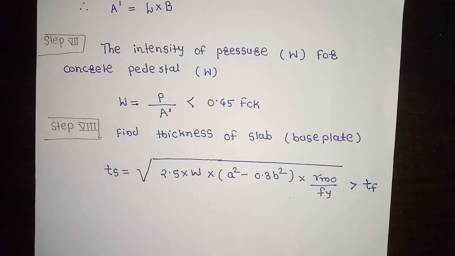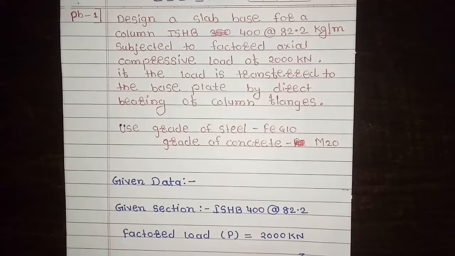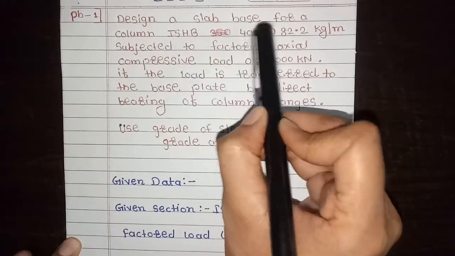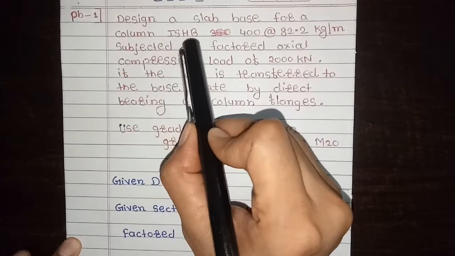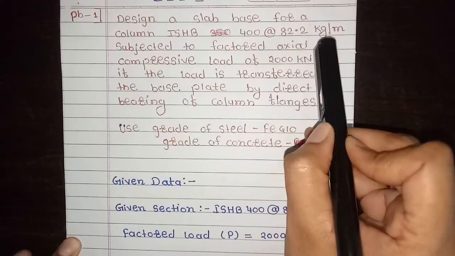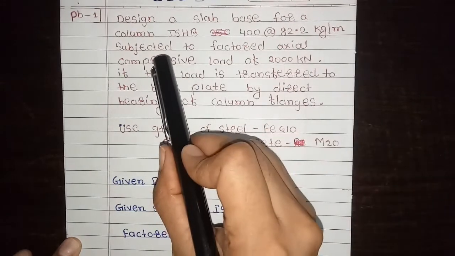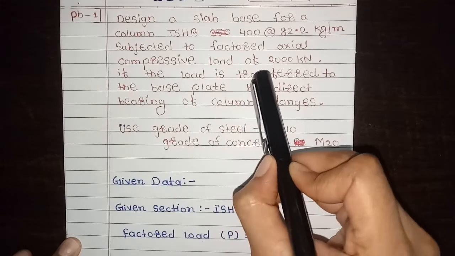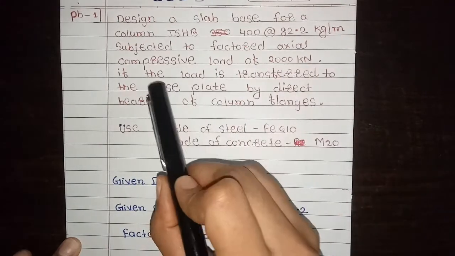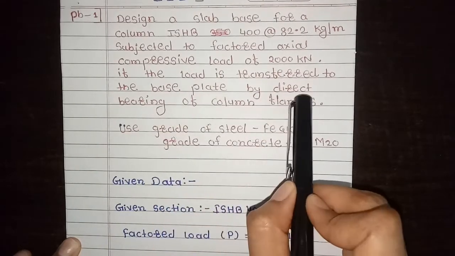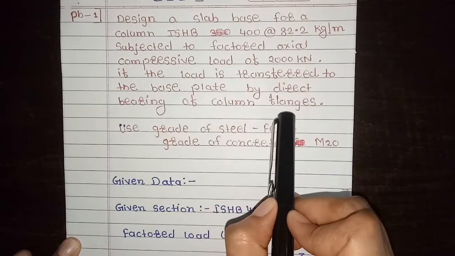Next, we will see the numericals on design of slab base. First numerical: design a slab base for a column ISHB 400 at the rate of 82.2 kg per meter, subjected to factored axial compressive load of 2000 kN, if the load is transferred to the base plate by direct bearing of column flanges.